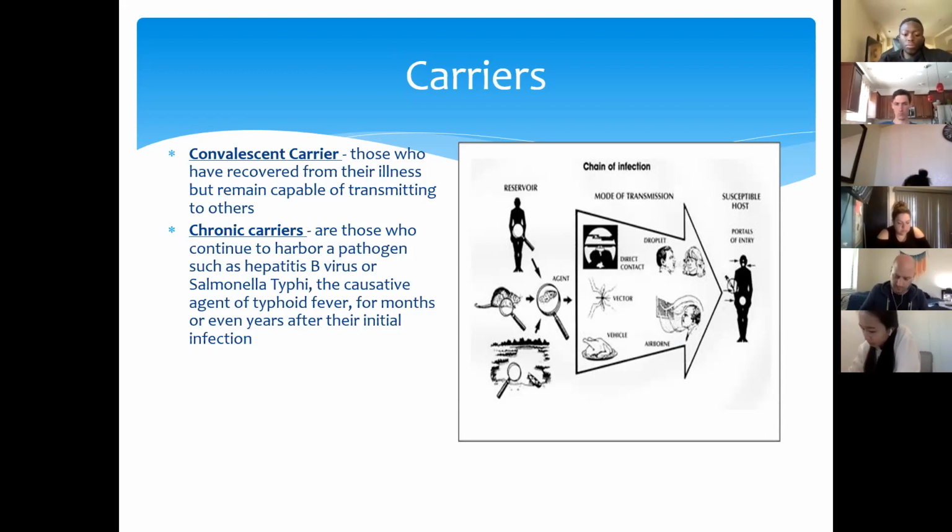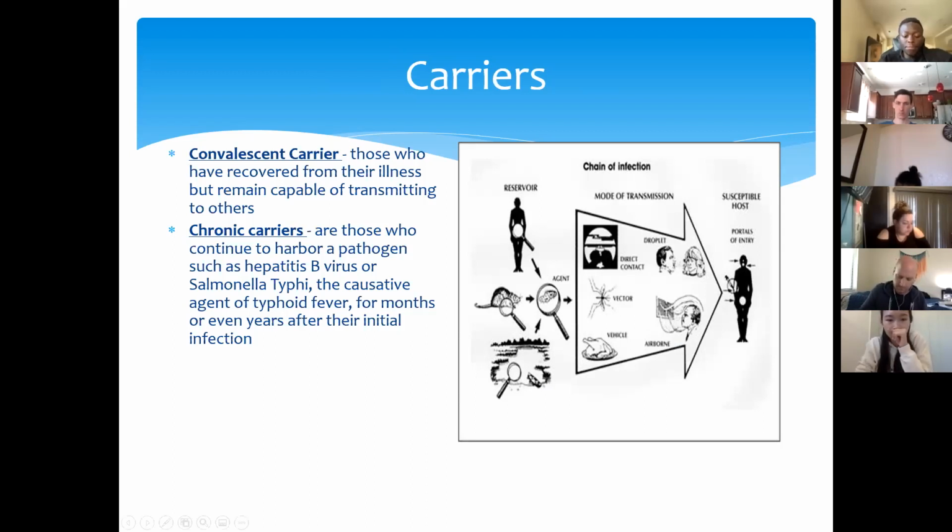These are people who harbor that microorganism, Hep B, strep throat, typhoid fever is another one. These people may never have symptoms. They may never have an active infection. That microorganism is kind of dormant, staying latent, but they can still give it to other people who have the signs and symptoms of the infection and become very sick from it.